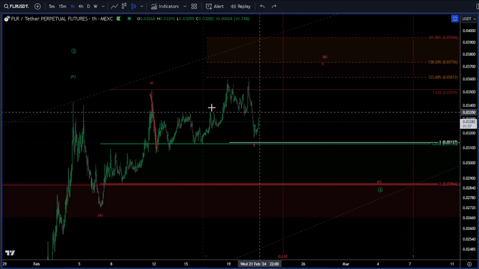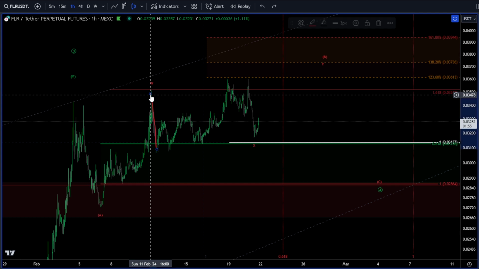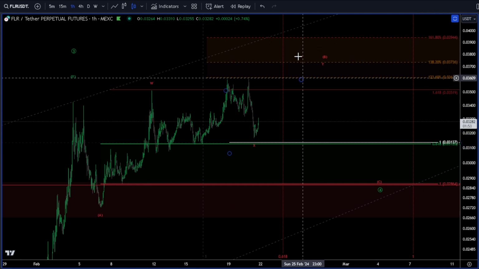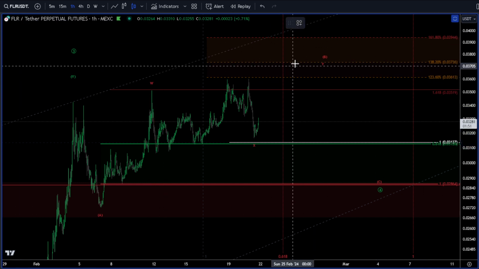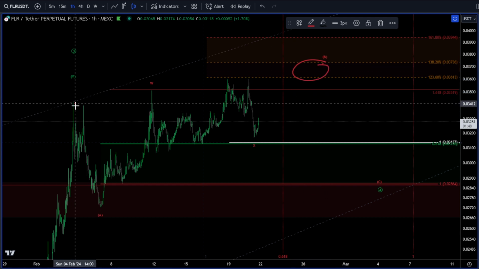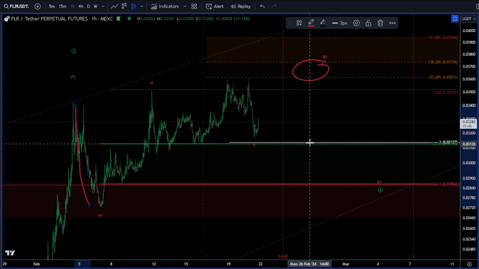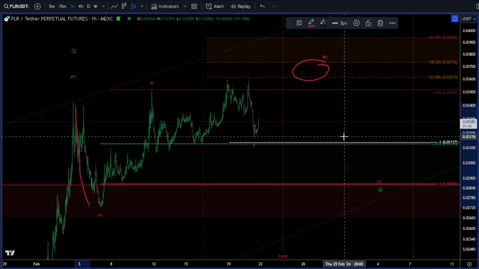Now, areas we're looking for is between the 1.236 and the 382 of this wave to the downside, which is right there between 3.613 and 3.736.